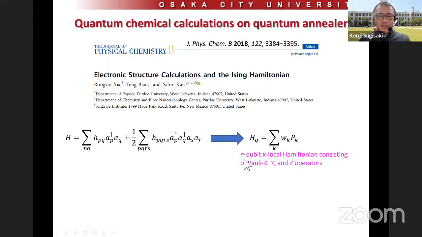In this Hamiltonian, we have n qubits, n corresponds to the number of spin orbitals, and it is k-local. K-local means that each Pauli operator includes at most k of the Pauli X, Y, or Z operators.